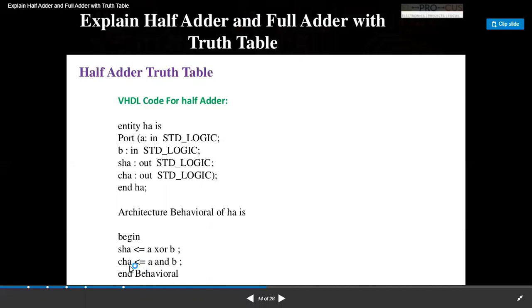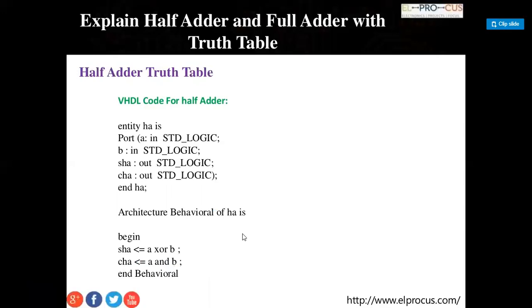So the carry is assigned the value of A and B, and that is the end of this behavior. By giving values to A and B, we obtain the output; from the input values A and B we are able to obtain the output. It is a very simple language, and we are describing the hardware structure.